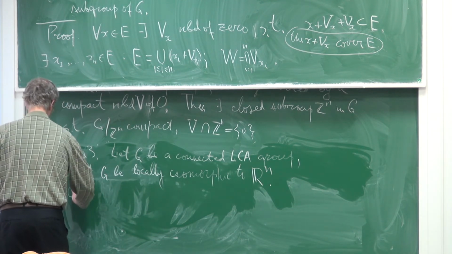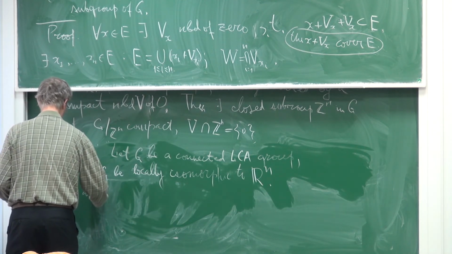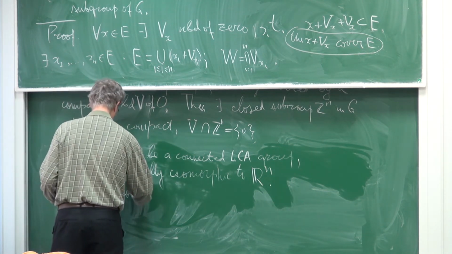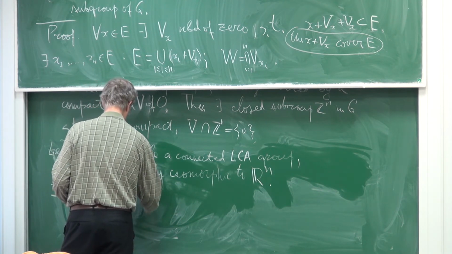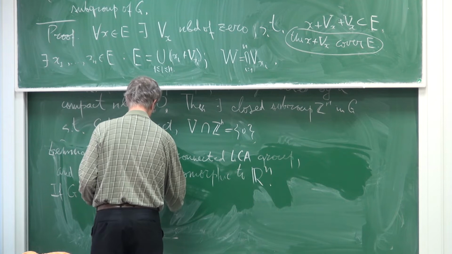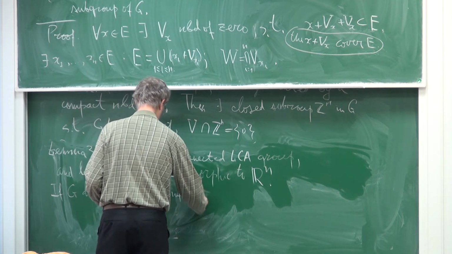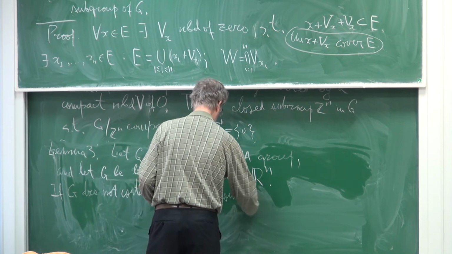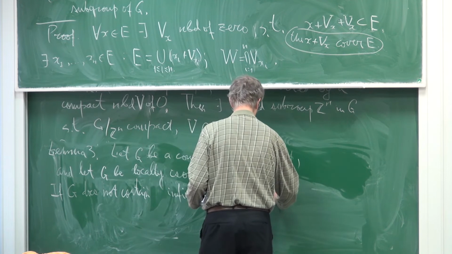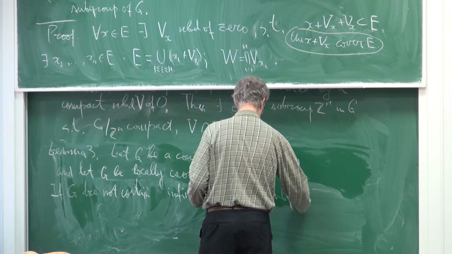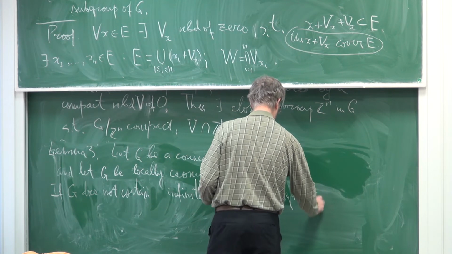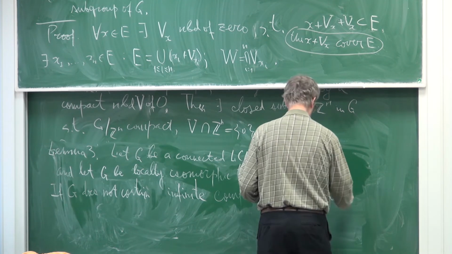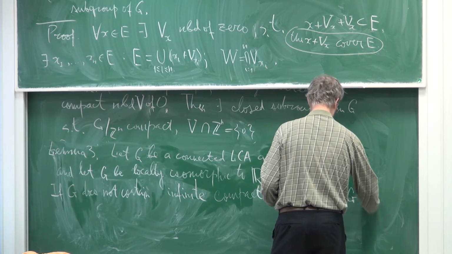If G does not contain infinite compact subgroups, then simply G is equal to Rn.